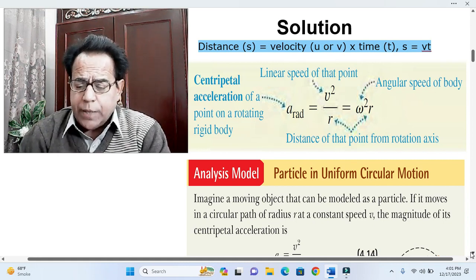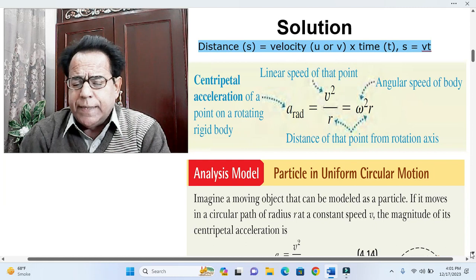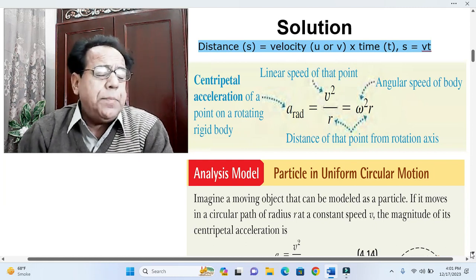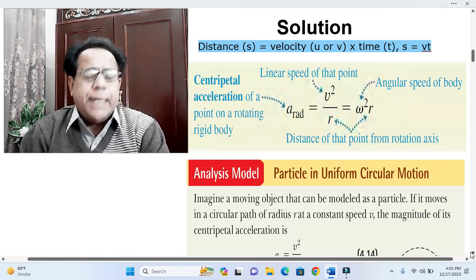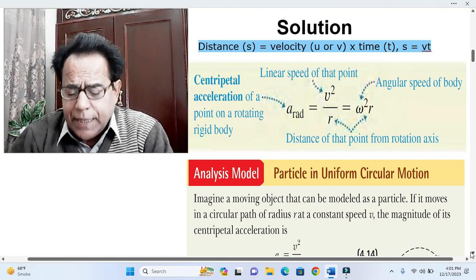The second and third snapshots deal with centripetal acceleration. Centripetal acceleration is also called radial acceleration, radial or centripetal, same.